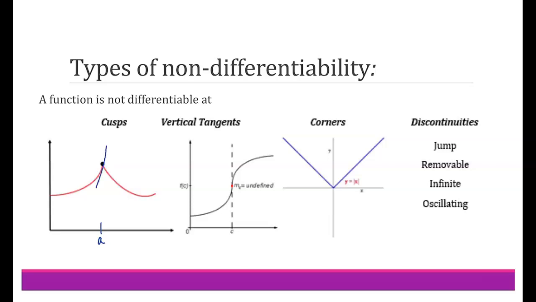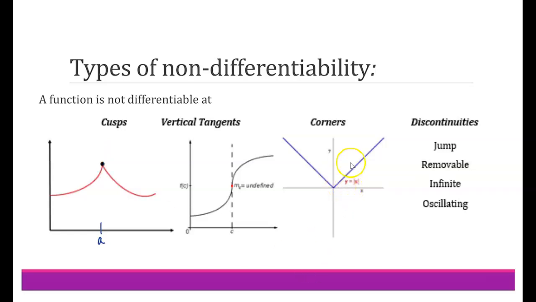A tangent line informally just kind of taps the surface and goes through that point. So is it there or is it there? Basically, it's not unique. So how are we going to find that one slope of a tangent line at that cusp? Well, we can't. So that's why that is a location of non-differentiability there.